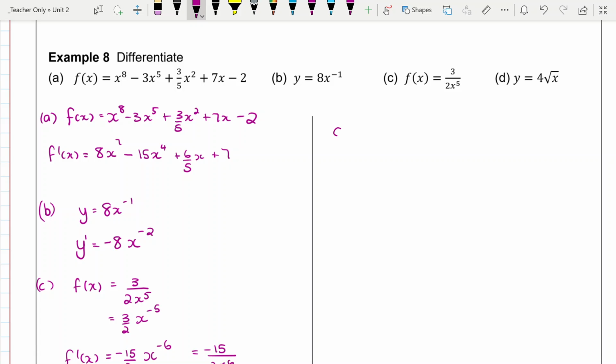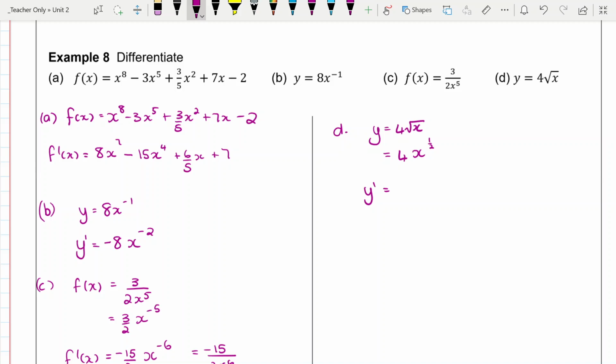All right, next one, y equals 4 root x. Now this is going to involve you remembering that our power, when we write it in index form for a square root, is a half. So that's equal to 4x to the power of a half. And as soon as we've written that in index form, we can very easily find our derivative.